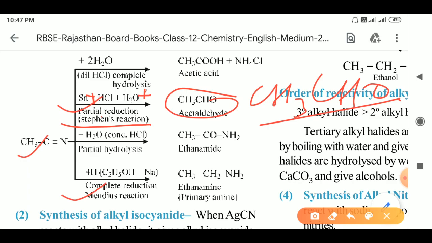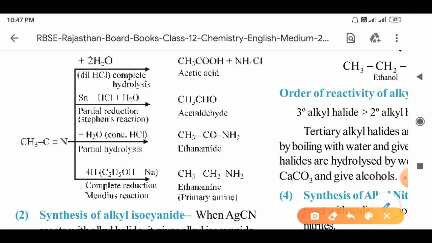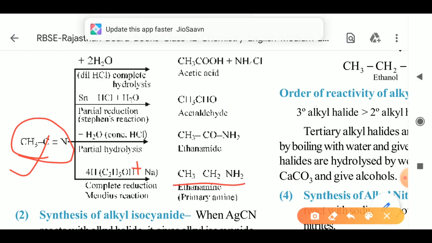Now what is the complete reduction reaction? When CH3CN reacts with C2H5OH plus Na, sodium in ethyl alcohol, that is known as alcoholic sodium, it gives an amine, CH3CH2NH2.